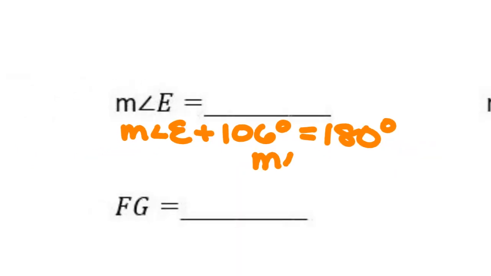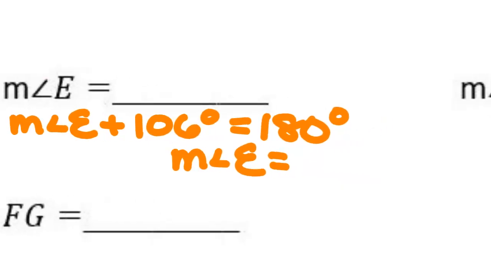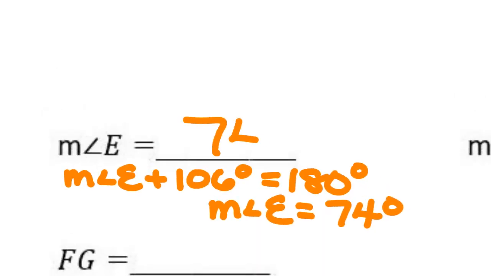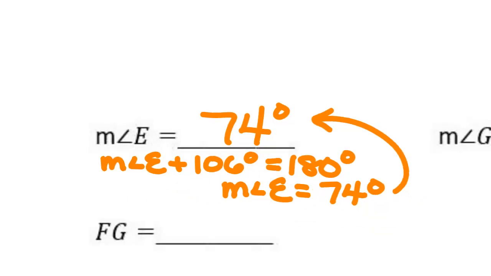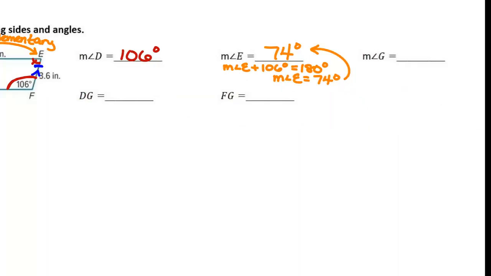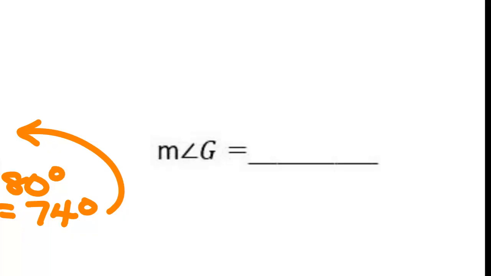So how big is angle E? 74. Well, if angle E is 74 degrees, how big is angle G? Also 74 degrees, yes.